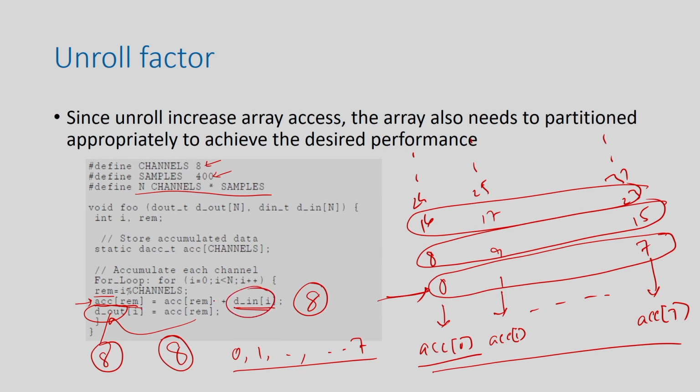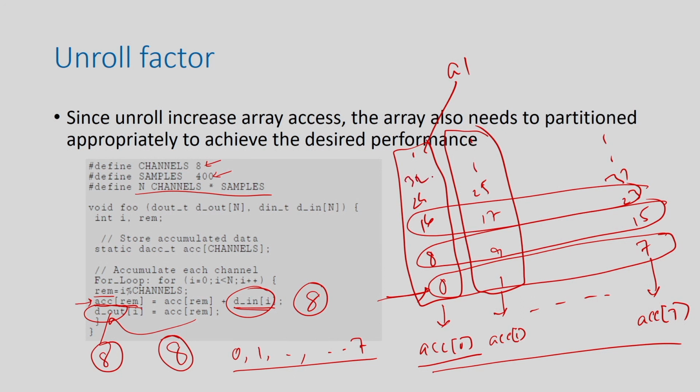So, now I have to split the array, and you can understand how you should split it. I can split the array into 8 copies, such that this data, that means index 0, 8, 16, 24, 32 and so on, I am going to put in array 1, D in 1.